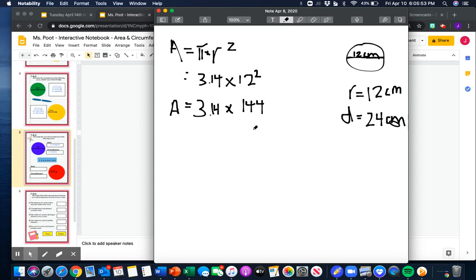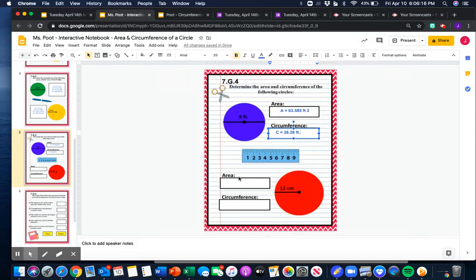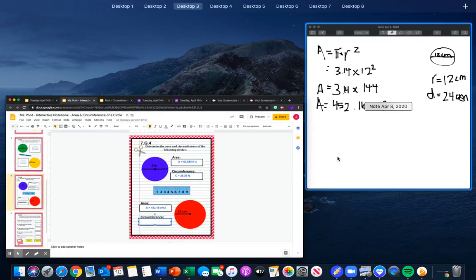And my answer is 452.16. Now, don't forget, our units are centimeters, but remember how we had an exponent? That means I have to put it down here. All right, so I'm going to write my answer. Area equals 452.16 centimeters squared.